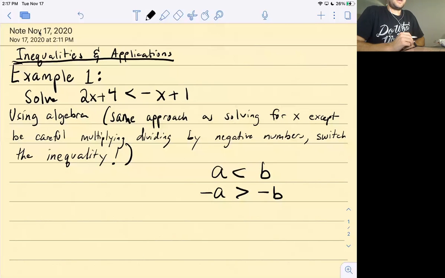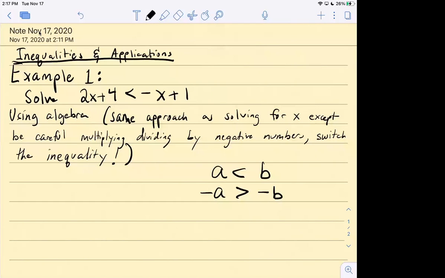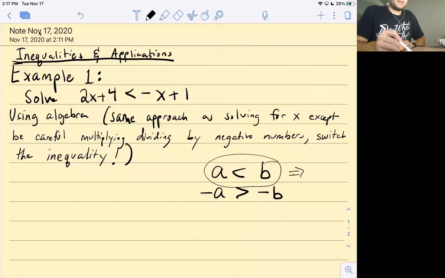Another way you can see it is, you can rewrite this as 0 is less than b minus a, and then you move the b over, and you get negative b less than negative a. So these are exactly the same inequality.